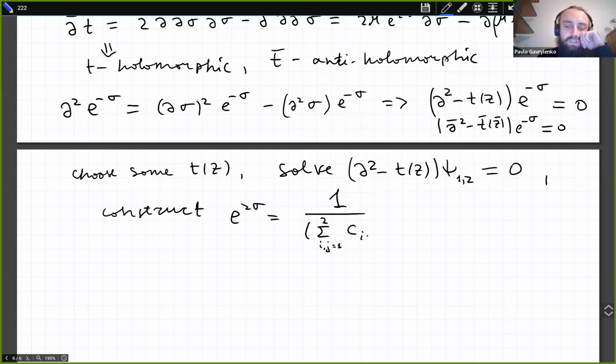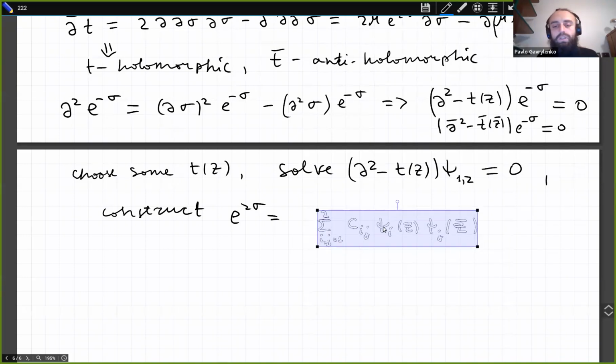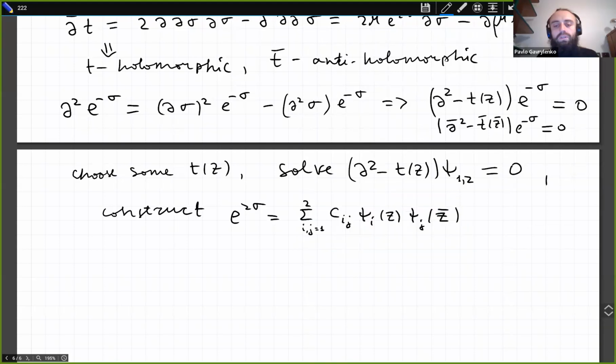Some matrix C_ij, psi_i of z, psi_j of z bar. Maybe better to write it like this.